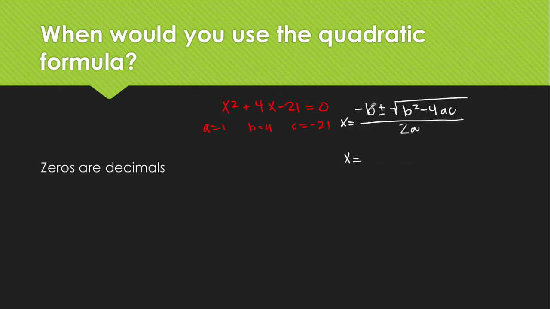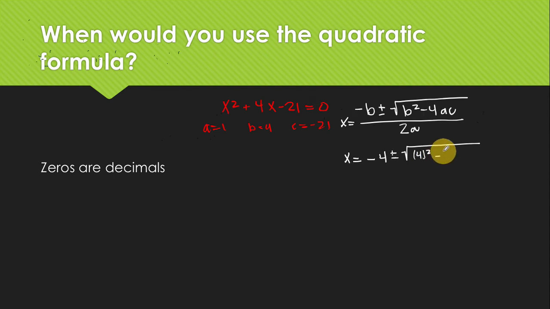So let's plug in our values, okay, step by step. Negative b. My b is 4, so negative 4. Plus or minus the square root of b squared. b is 4, so 4 squared.